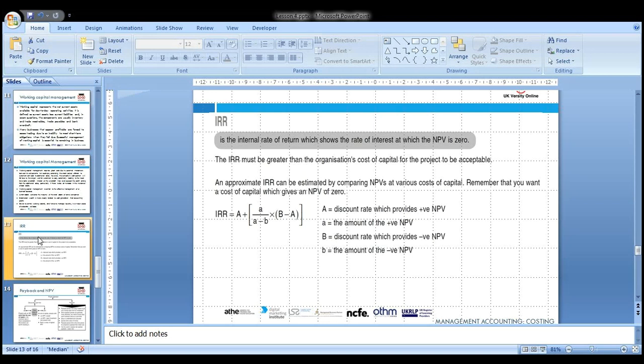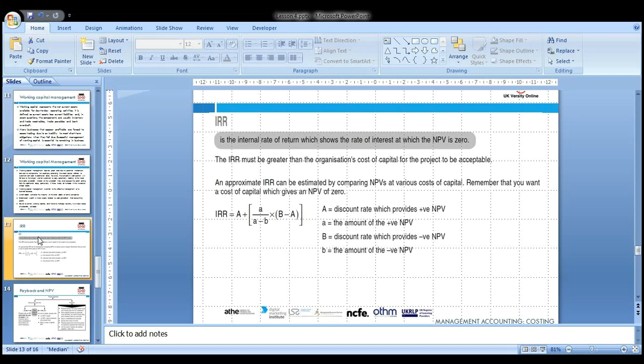IRR can be estimated by comparing NPV at various costs of capital. Remember that it is the cost of capital which gives an NPV of 0. So we can use this formula to calculate IRR.